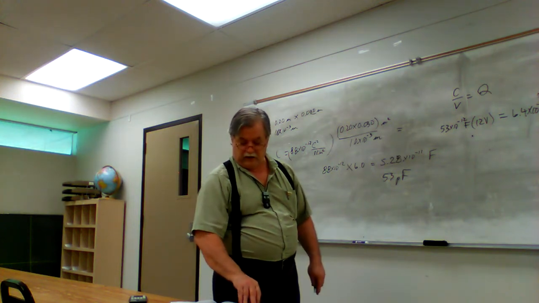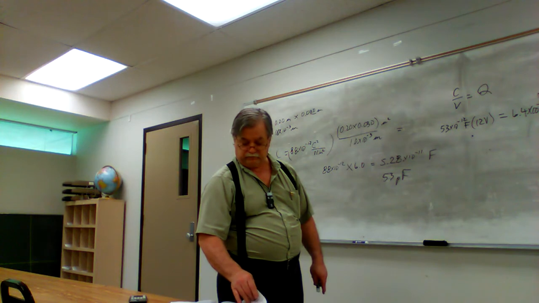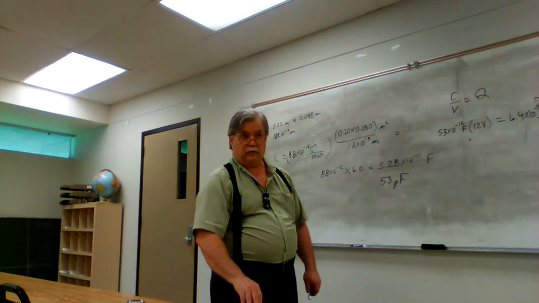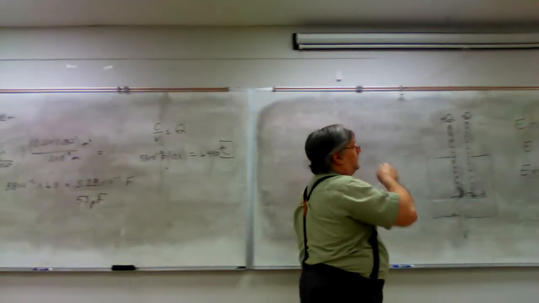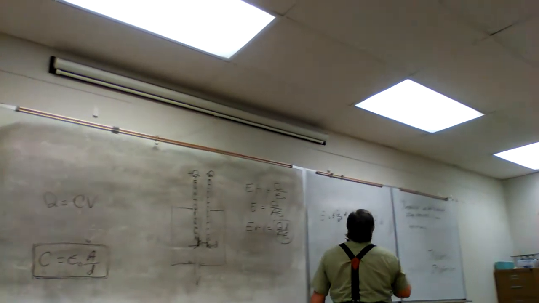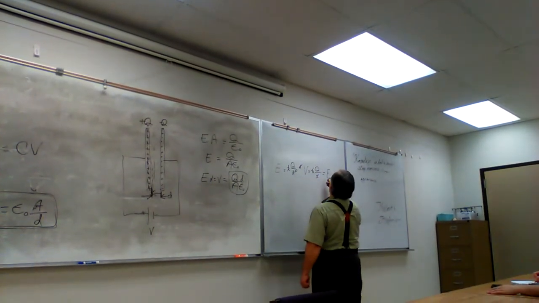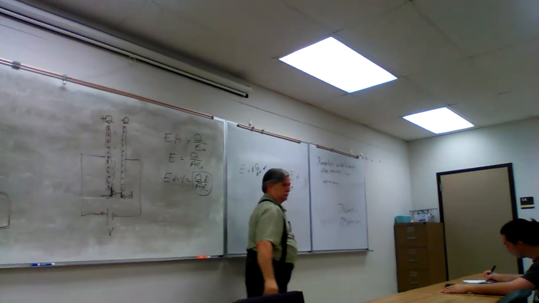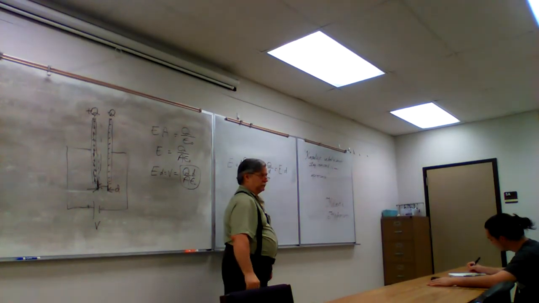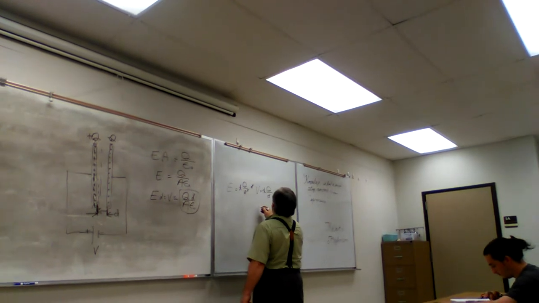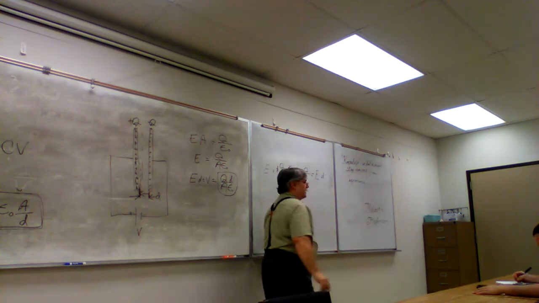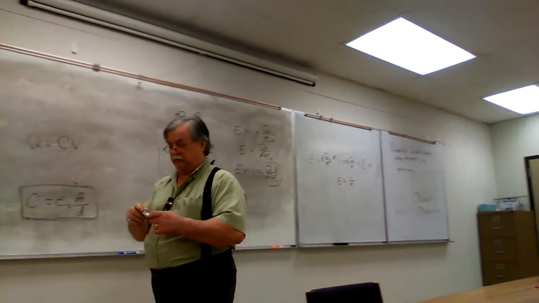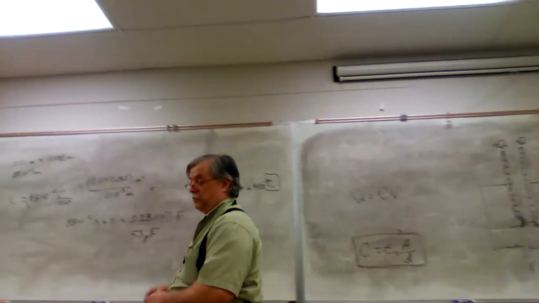What is E? What is the magnitude of E? Let's look back over here. Voltage is equal to E times D, right? So if you want to find E from voltage, you just divide it by the distance from the conductive surface, from the reference point.